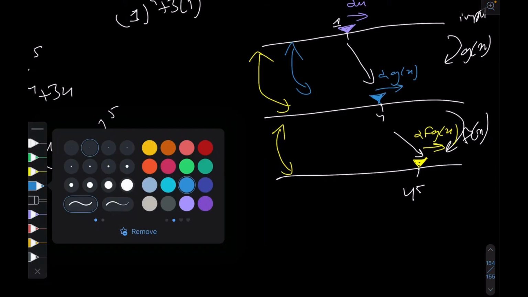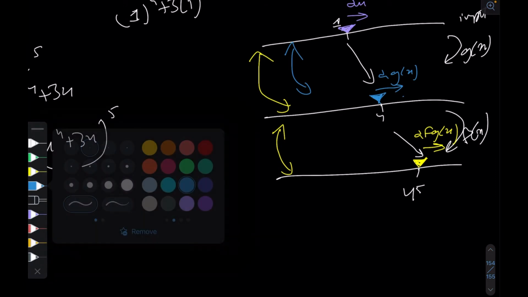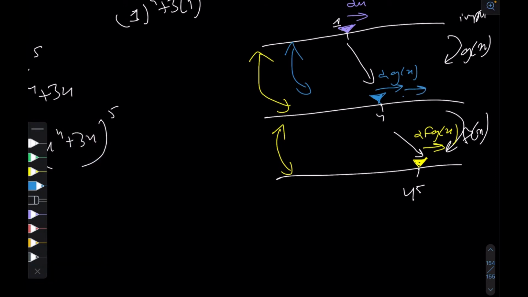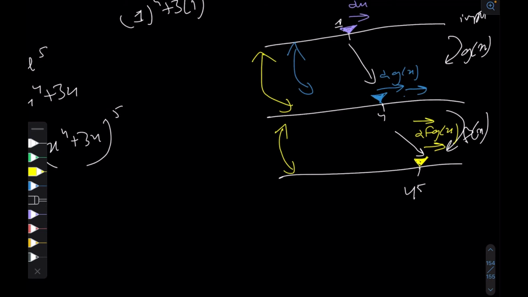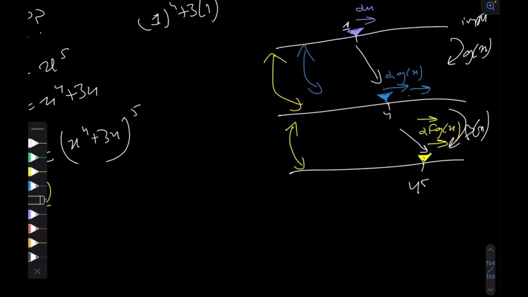Asking the question that when we introduce some change over here, what is the change over here. So just writing in words what I have just said, the first thing that the chain rule asks is: what is the change in g(x) over the change in x?